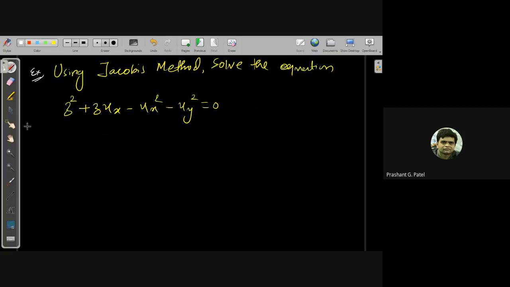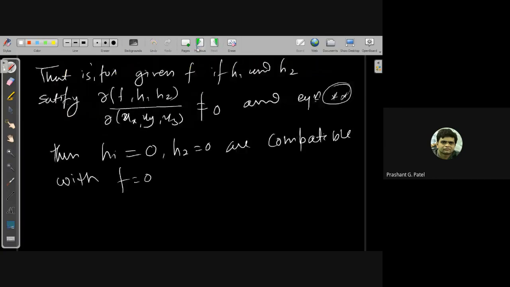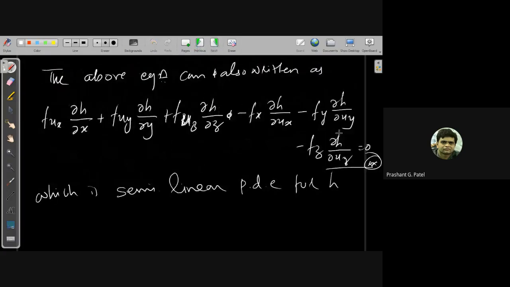So first of all, you just observe that this equation is of the form f of x, y, z, ux, uy, and uz equal to 0. This is of this form. So as per our situation, what will be the equation number double star? We can write that for H1 and H2 both.